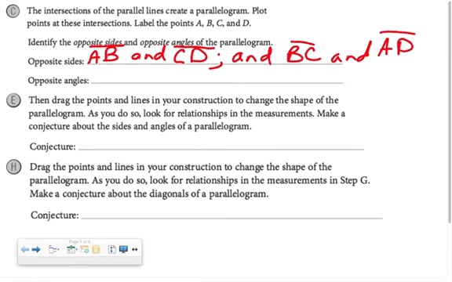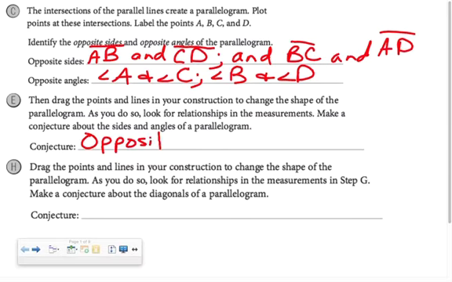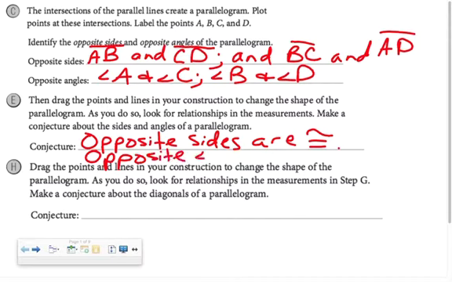The opposite angles are angle A and angle C, and another pair of opposite angles is angle B and angle D. And in the activity in class, we noticed that as we manipulated the parallelogram, the opposite sides are congruent and opposite angles are congruent.